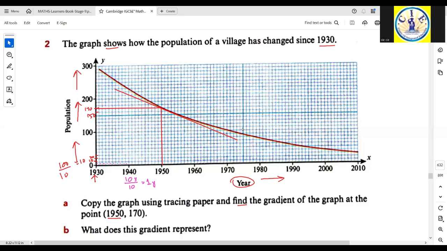So if we can just prolong this line further, and we can prolong this line as well. This has to be a single straight line.